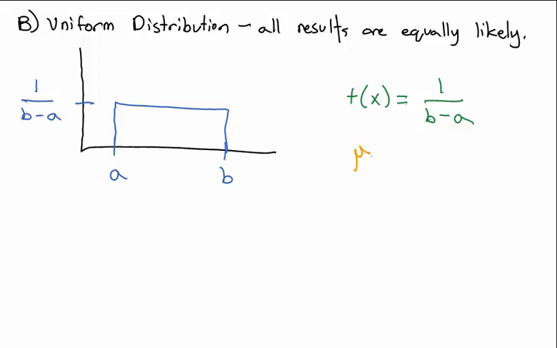Other important information, mu, the average, is just the average of the extremes, A plus B divided by 2. Sigma, the standard deviation, is the square root of B minus A squared over 12.